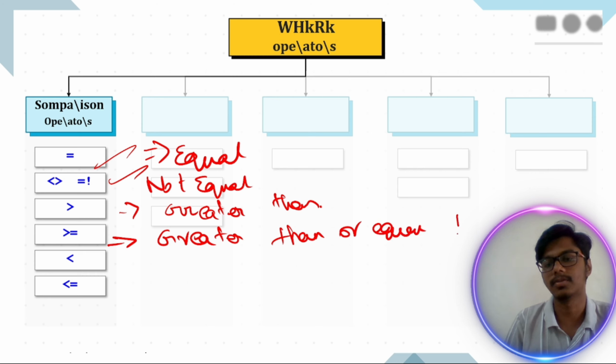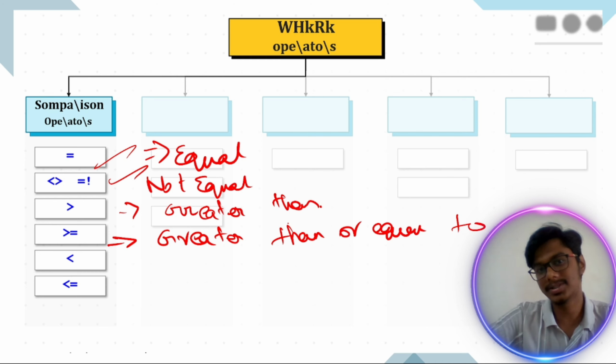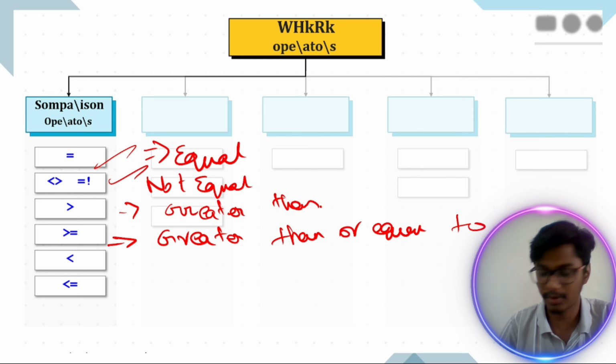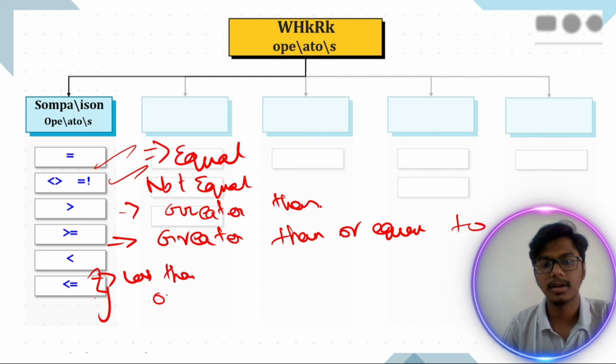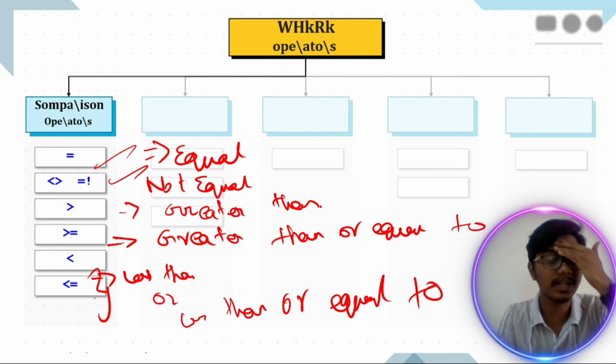Let me note it down. Guys, please make sure to note, I am also writing the notes. You can also write the notes at the same time. It may be useful when you are preparing for interviews. Now again, less than, less than or equal to. Those are the things we are going to discuss in this comparison operator.